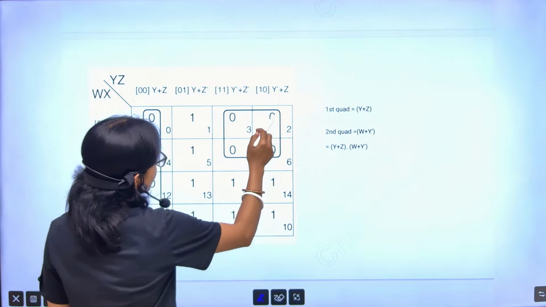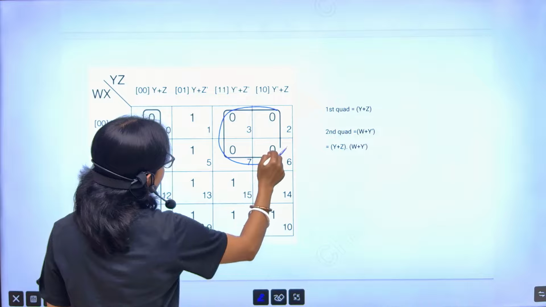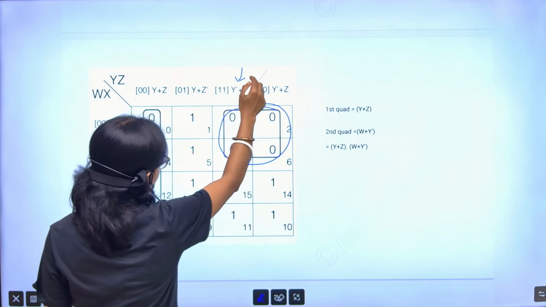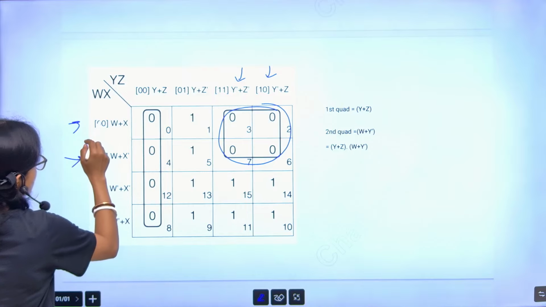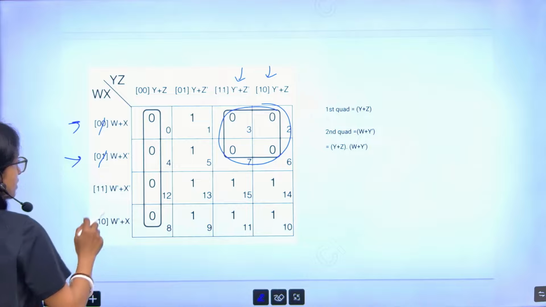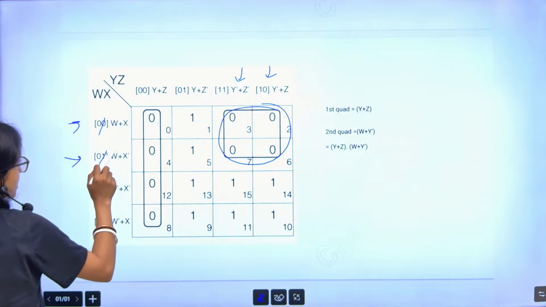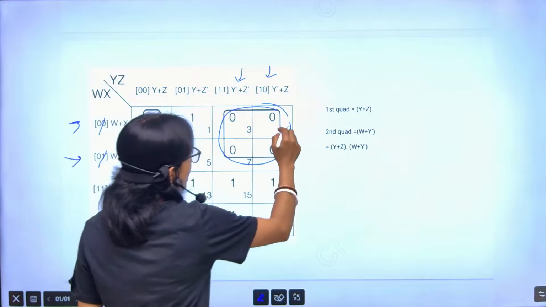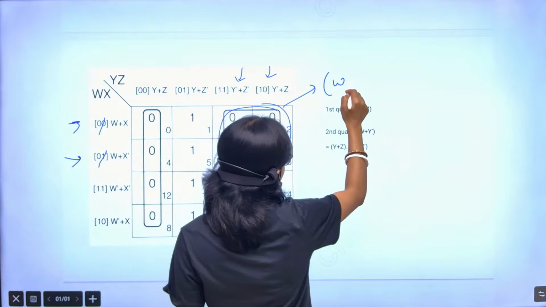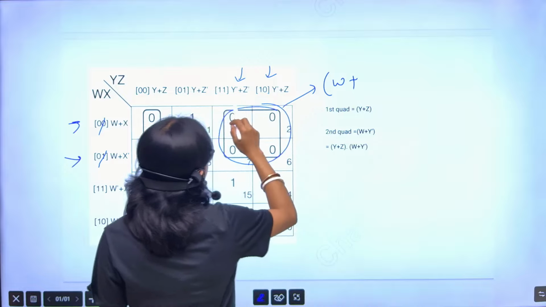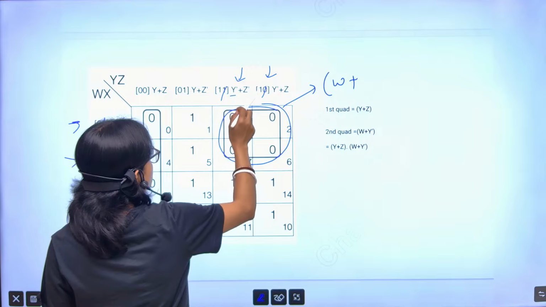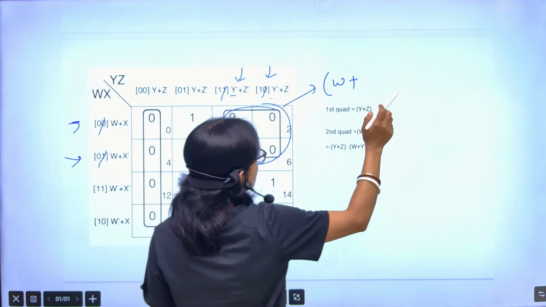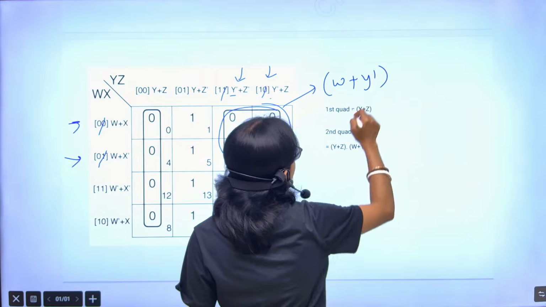from this pair, what value will I get? Here this column and this row are involved. First of all, 0 1 is going to cancel, that means x is cancelled, W is there. So I am going to get W plus, from here 0 1 cancels, y bar is there. So W plus y bar.